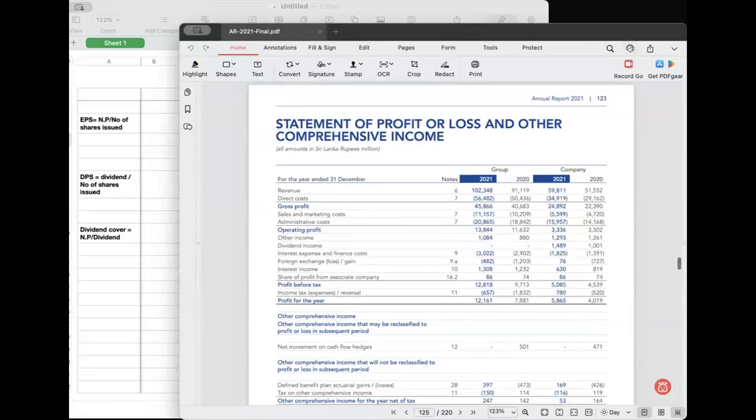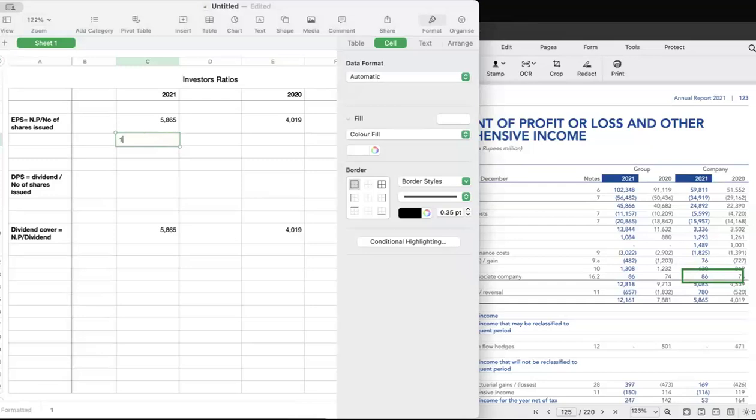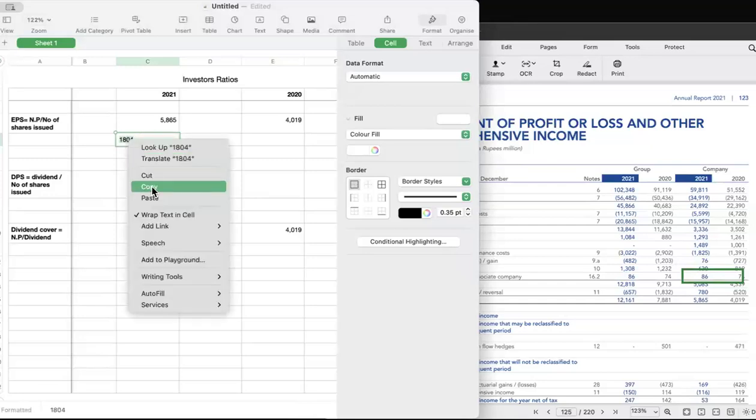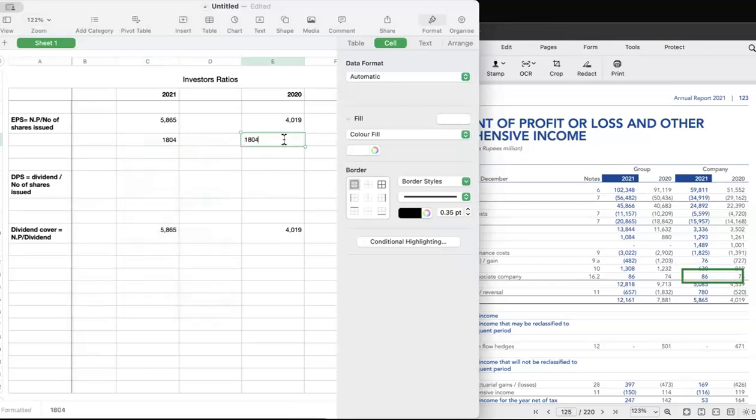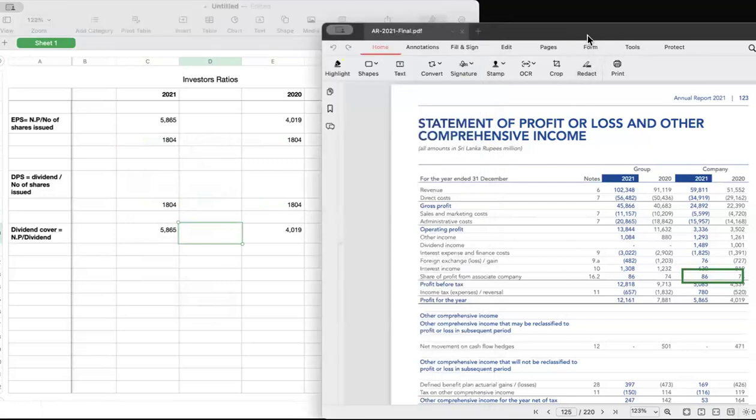So you have to take that amount and write here 1804, number of shares issued, and we have to fill in here as well. And then we need to find out the dividend. So where can we find the dividend?